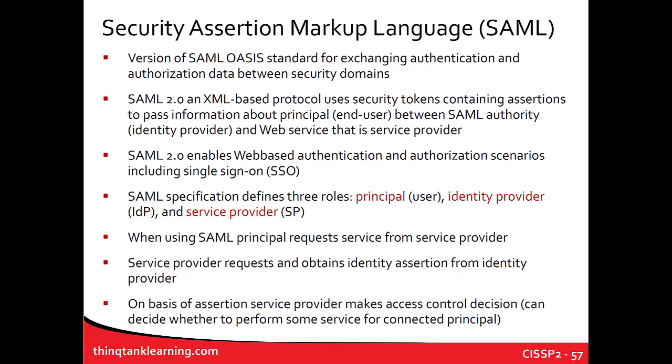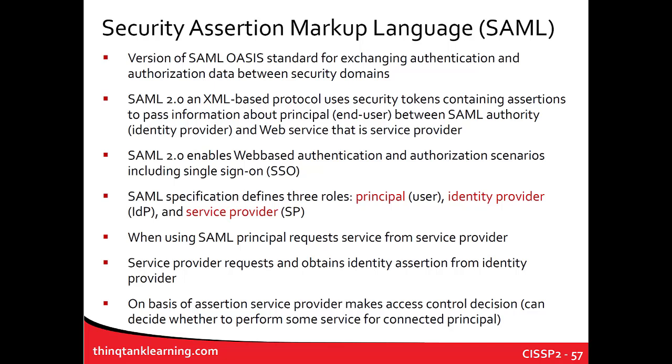So for the authentication flow, the user is going to try to access a service, which is the SP. The SP then redirects to the IDP for authentication. The IDP authenticates the user and sends a SAML assertion back to the SP.